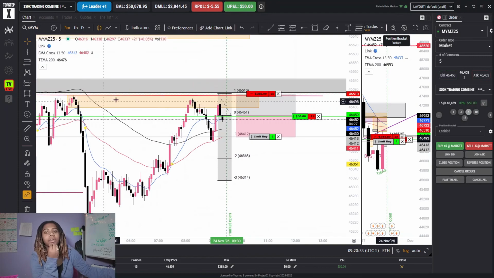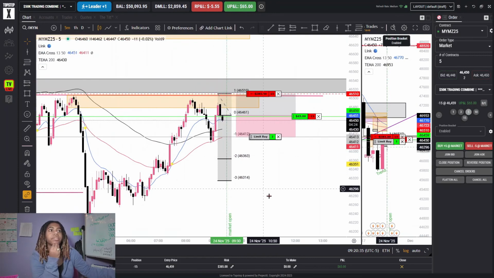I like for the top of the supply or demand zone and a breakup candle. So we will see where that goes.